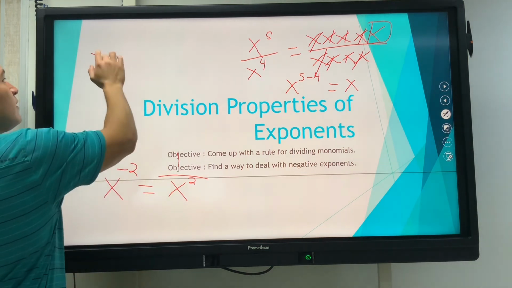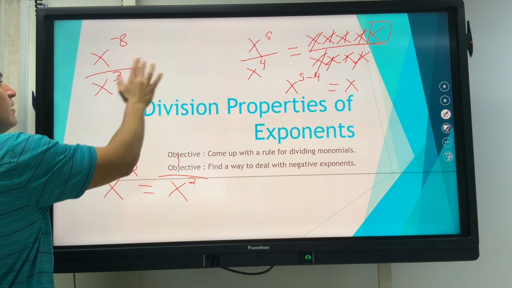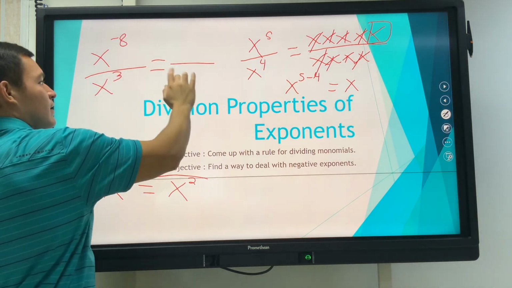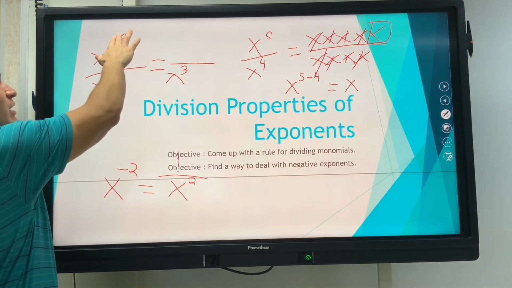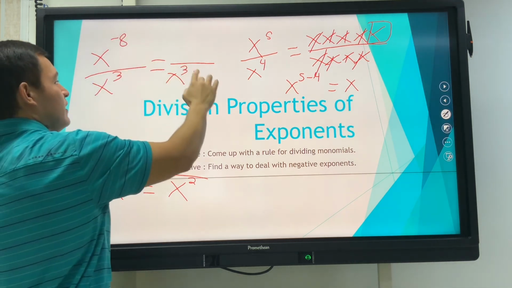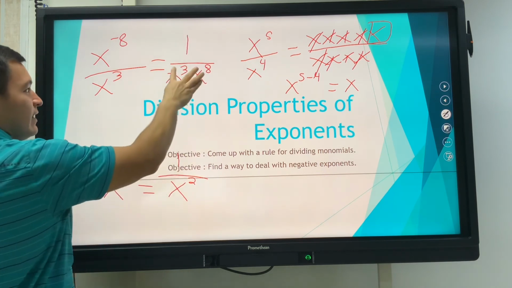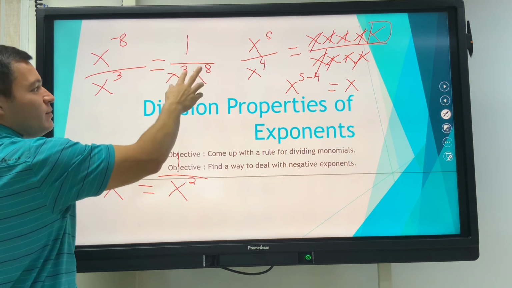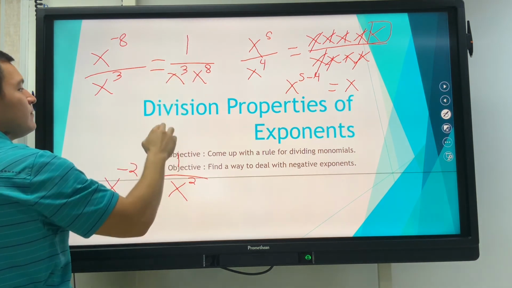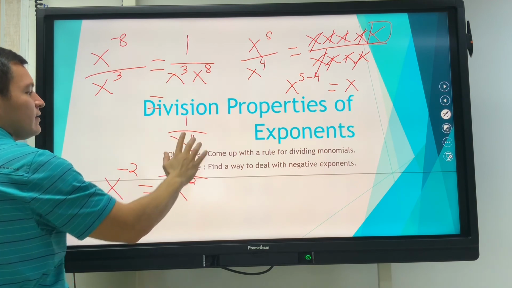Or x to the negative 8 divided by x cubed is going to have the positive power stays, the negative power is going to join it on the other side of the fraction. And then once they're both on the bottom, then you can multiply them, which means you will add these exponents together. 1 over x to the 11th power.